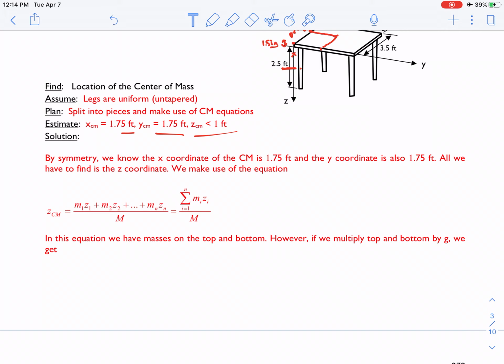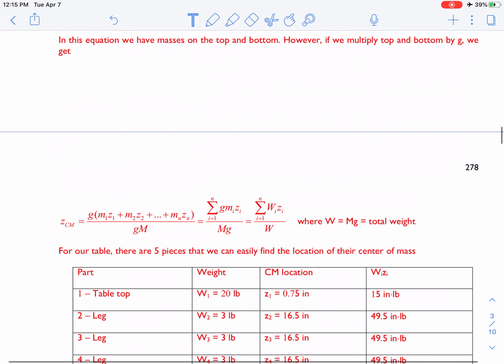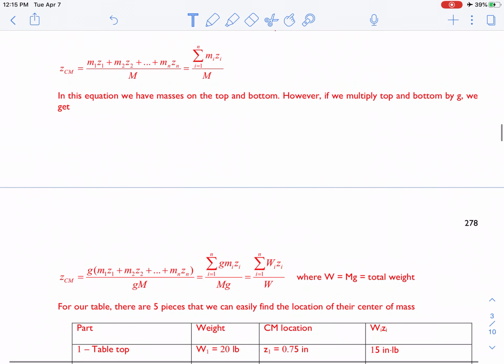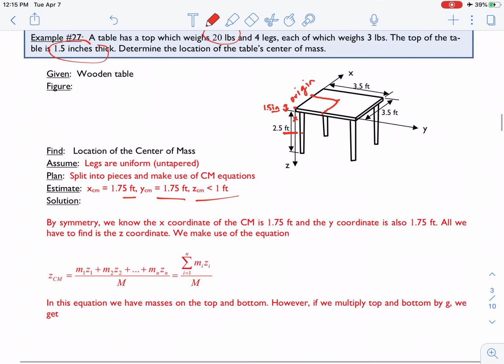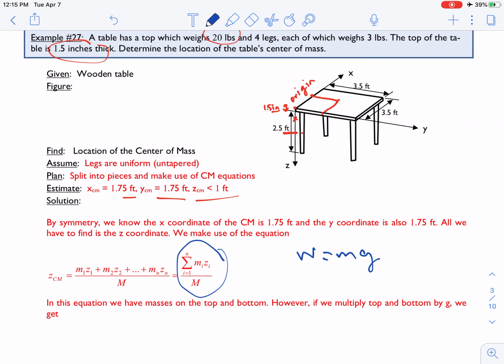Okay, so in this equation we have masses on the top and bottom. However, if we multiply top and bottom by g, we get this. So why do we do this? Because what is pounds? Is it a mass unit or a force unit? Pounds is a force unit, right? So they're not giving you the mass, but in the equation here, we have mass. So this equation has mass in it. How do you make it weight? Weight is mg, right? So if you multiply everything by g, you are going to introduce weight force.